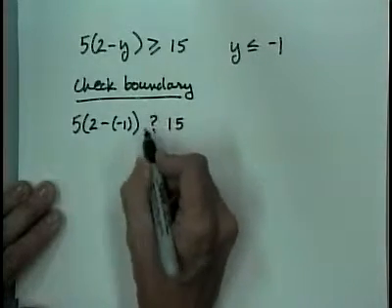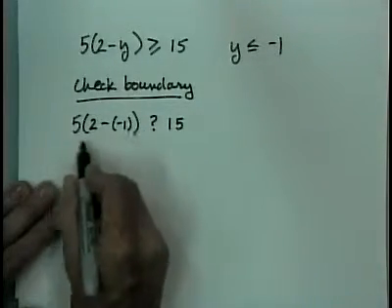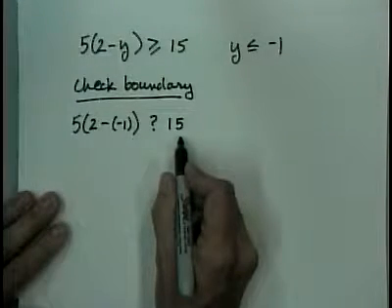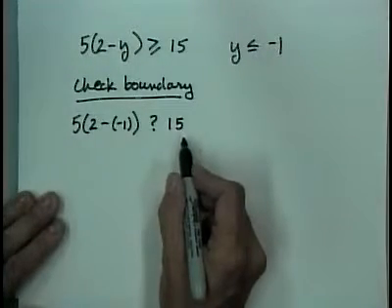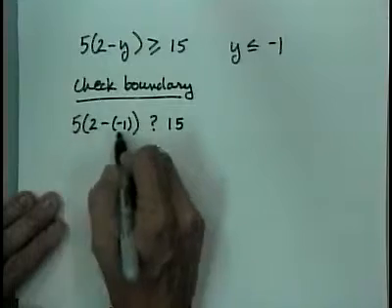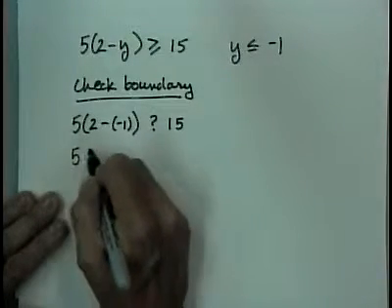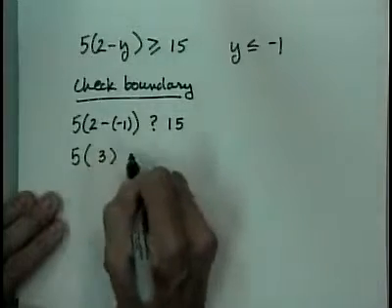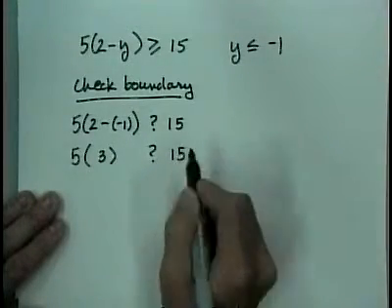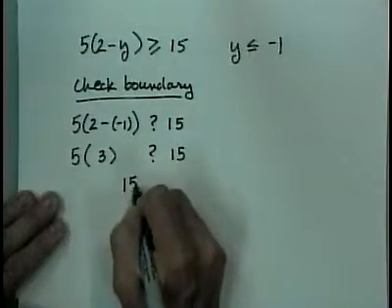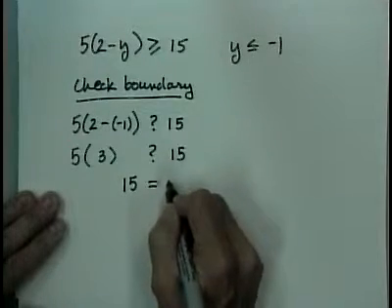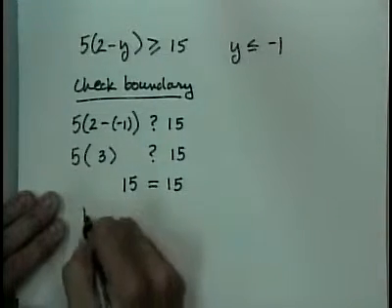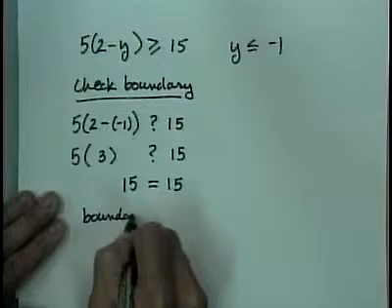And what we want to do is determine whether -1 actually makes this an equation, a true statement. Simplifying the left-hand side, this is 5 times (2 minus -1), which is 3. 5 times 3 is 15, which does equal 15. So the boundary checks.